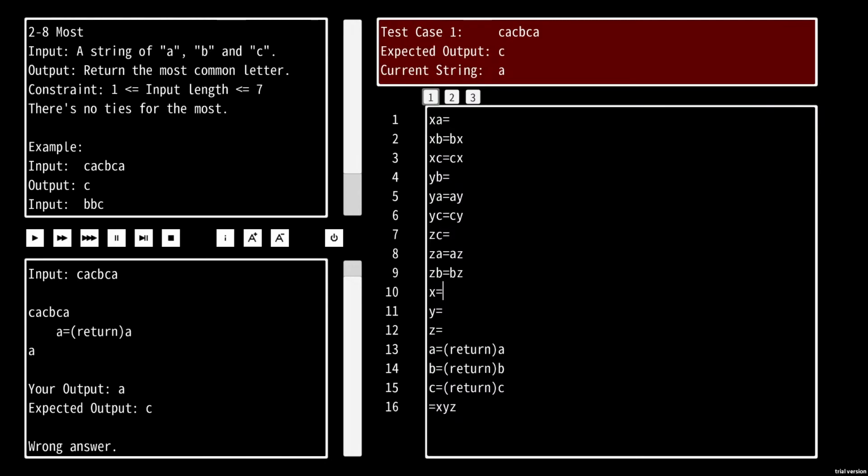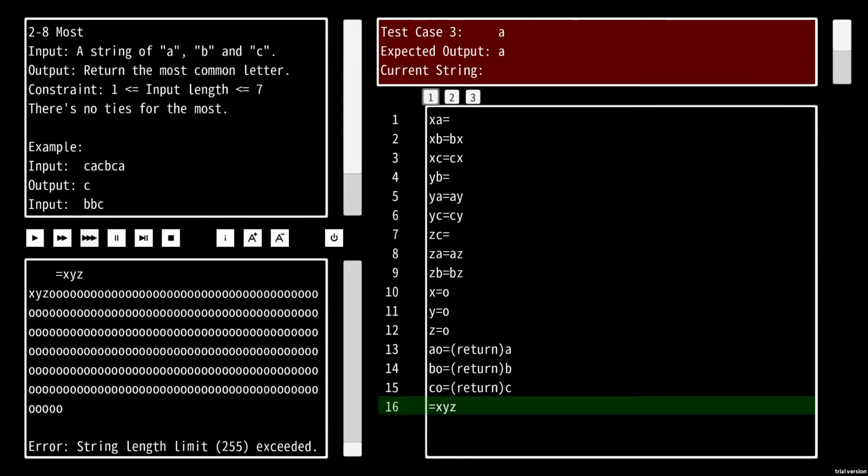What's a good one? I guess it would be at the end. It's not at the end.